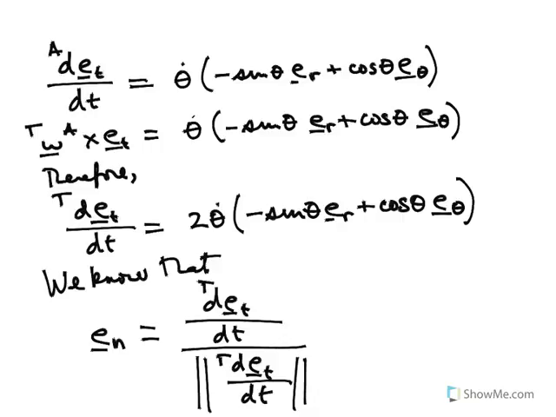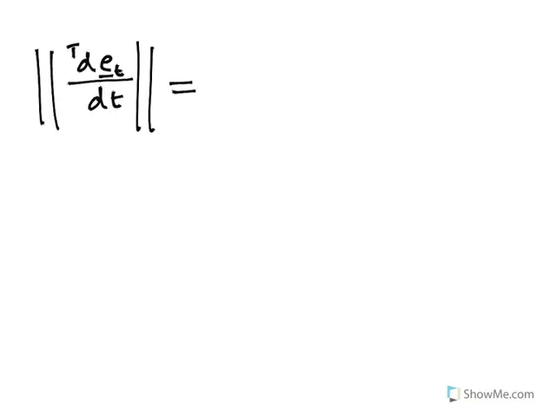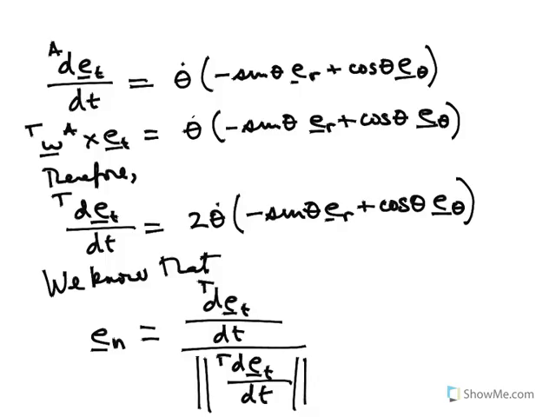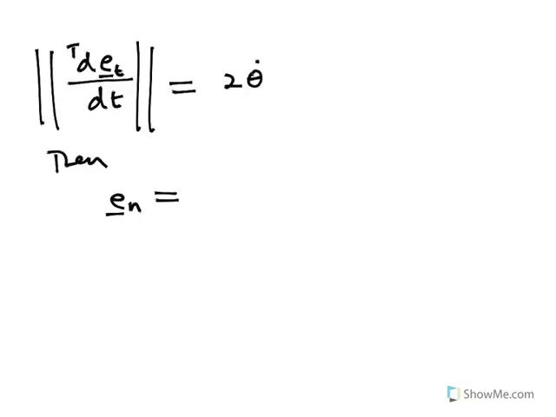But that magnitude is 1, because sine squared theta plus cosine squared theta is equal to 1. So this is just equal to 2 times theta dot. So then the principal unit normal is going to equal minus the sine of theta e_r plus the cosine of theta times e_theta.